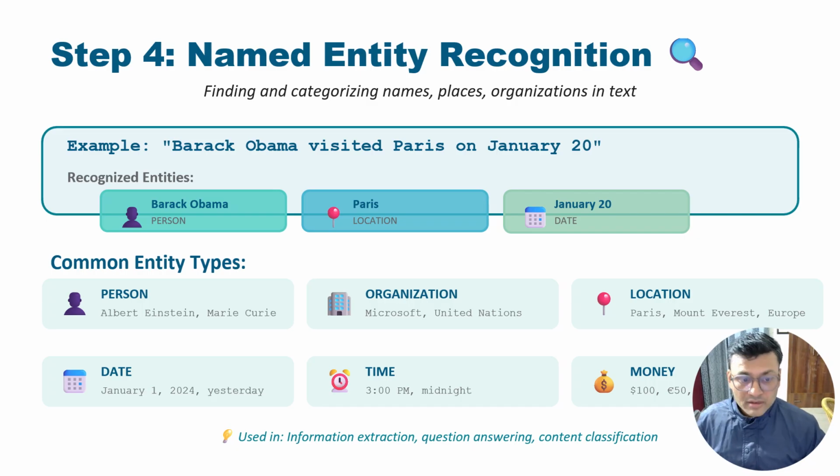Perfectly bifurcated in the algorithmic sequence in the backend. Common entity types we could see: person, place, location, organization, time, money, etc. It is used in information extraction, question answering, and content classification, because that is how you can bifurcate these named entities into different pieces, which is what NLP does.